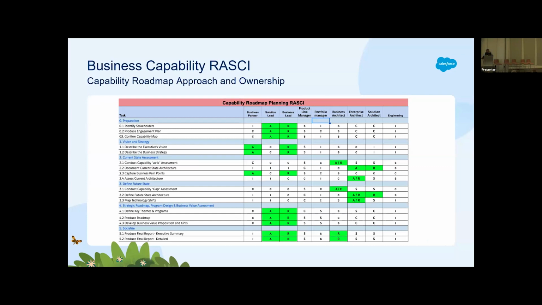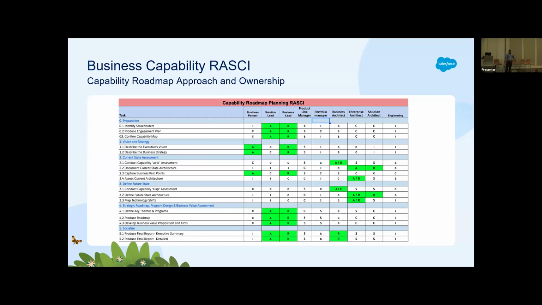And then we had all this RACI done. For every step, we identified a RACI, to find out who is owning what. Even before we went into this, we collected all the stakeholders. For my area, we had around 200 stakeholders that I had to work with for these workshops.